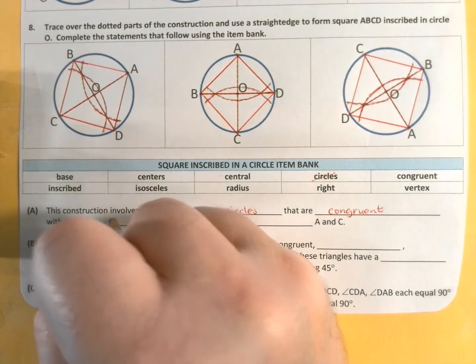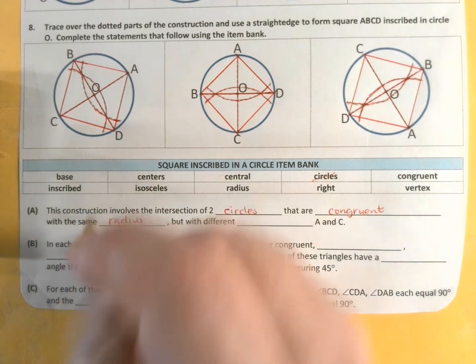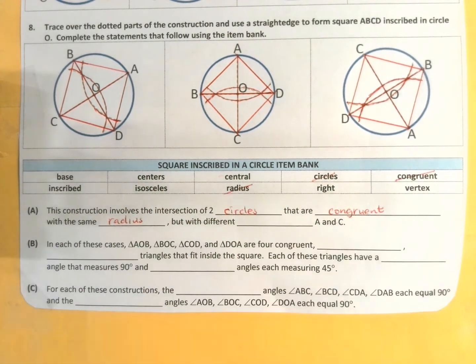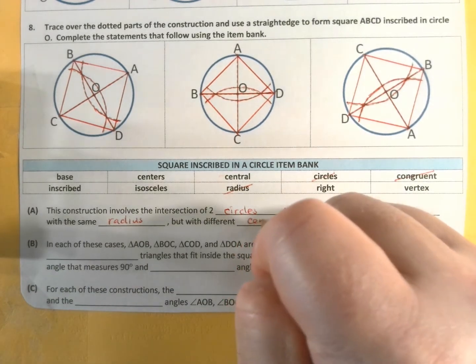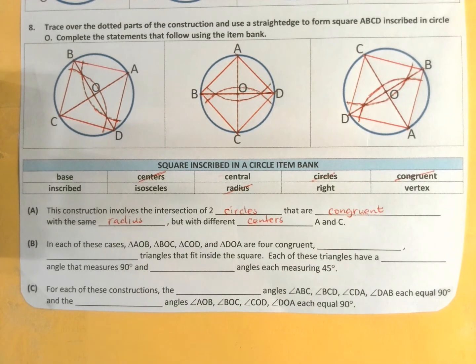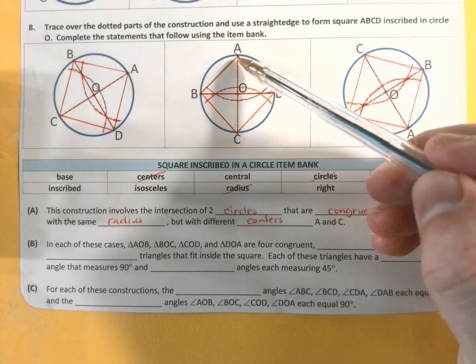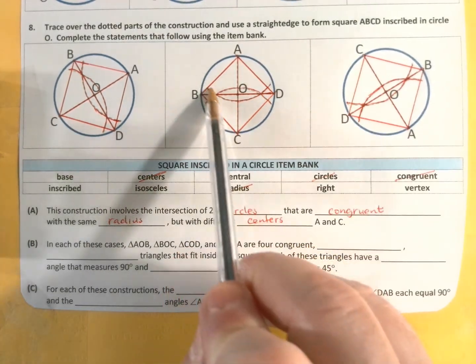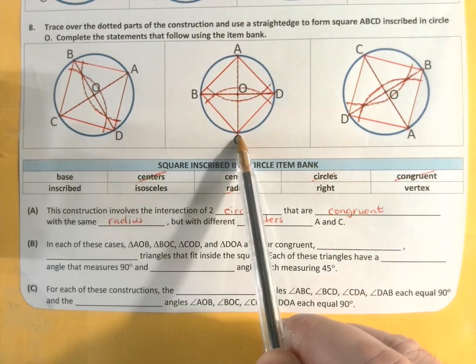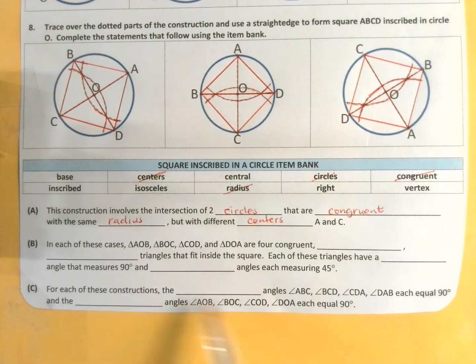They have the same radius, but they have different centers. So, for example, if we start at point A, notice it's part of this circle here. And if we start at point C, it's part of this circle here. They have the same radius, but different centers.